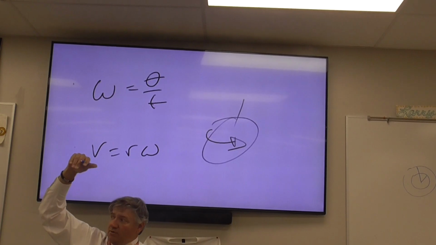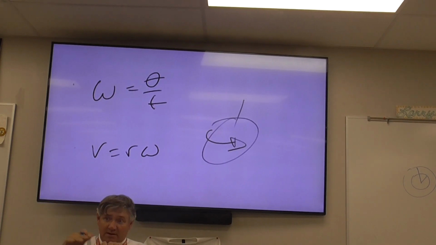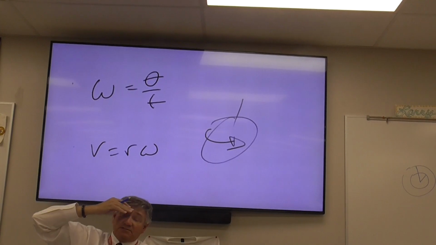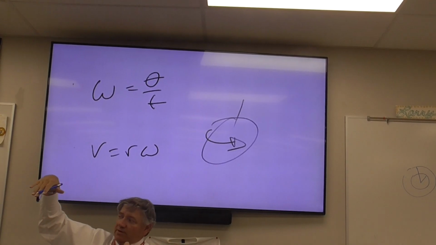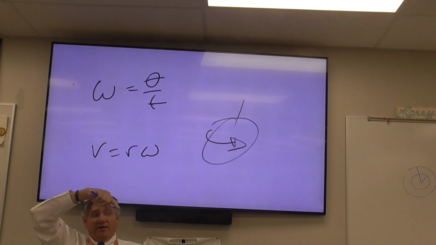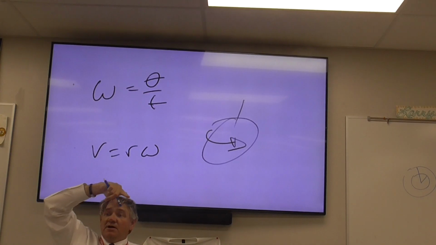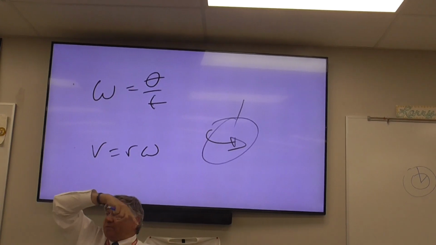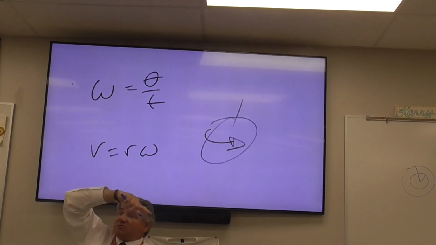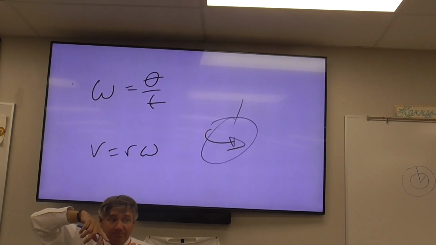So this is why, when we launch satellites or anything into space, we want to do that very close to the equator, because at the equator you have your greatest tangential velocity. That gives you a boost trying to get things launched into orbit, because you're launching from something that's already spinning very quickly.